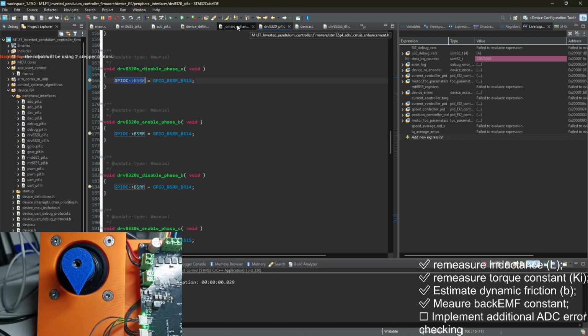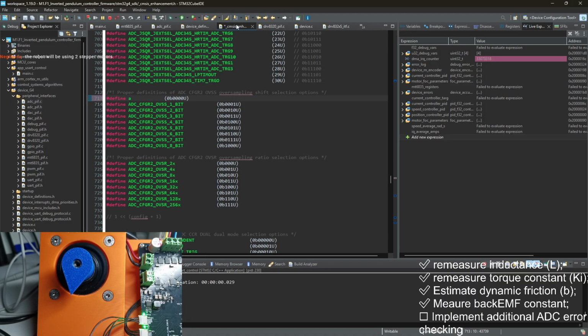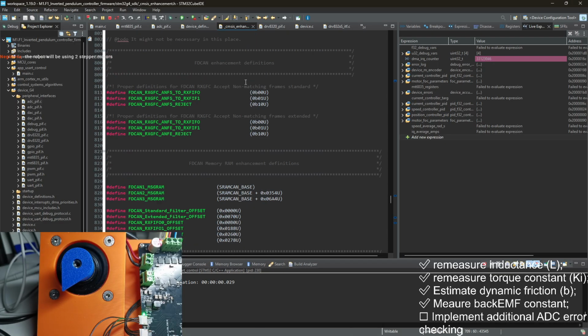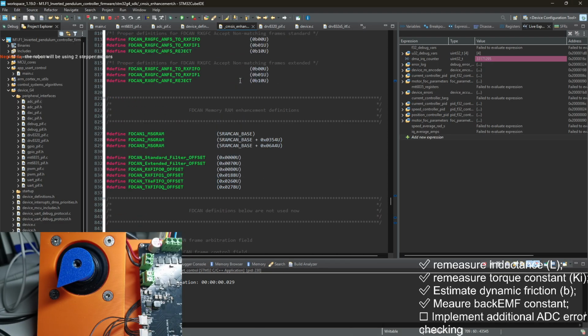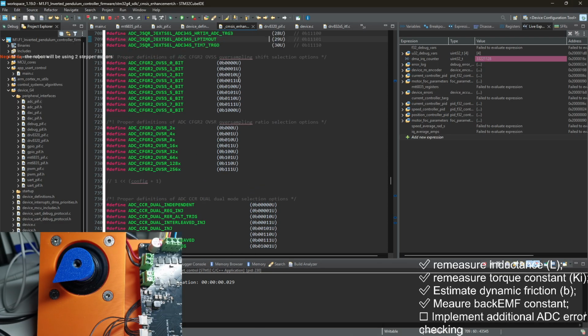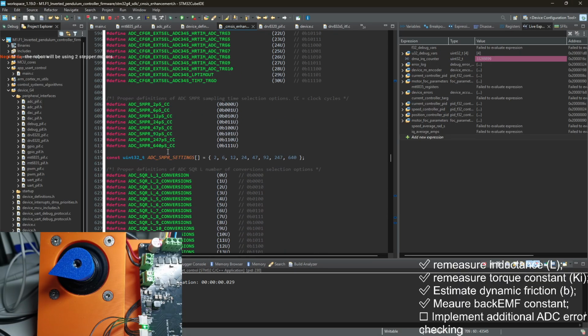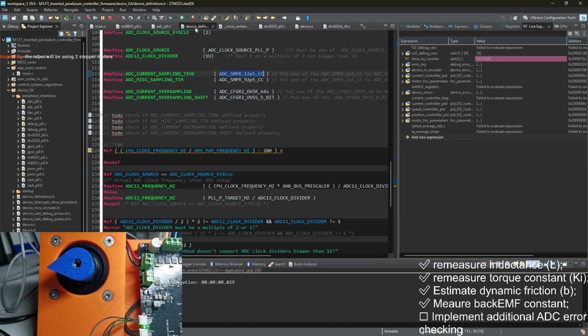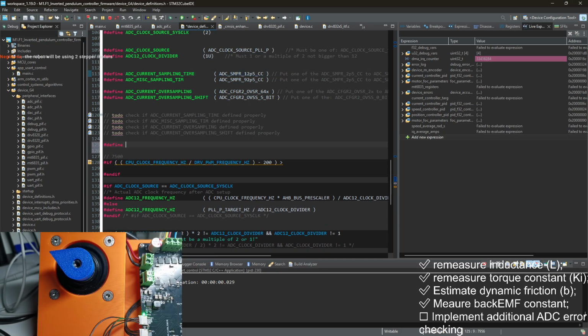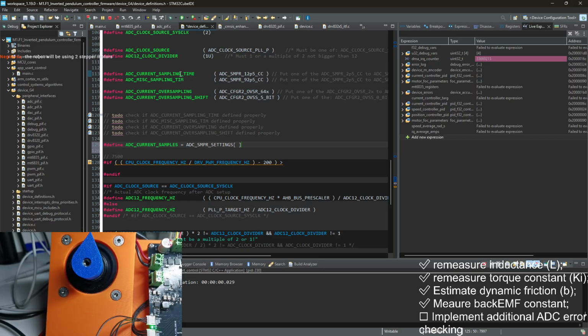Oh, can we actually? Maybe we can. Let me see. Where is our array? Here it is. Let me first make it dirty, and then we will think how to make it proper. Define ADC current samples equals to this array of this setting. Okay.